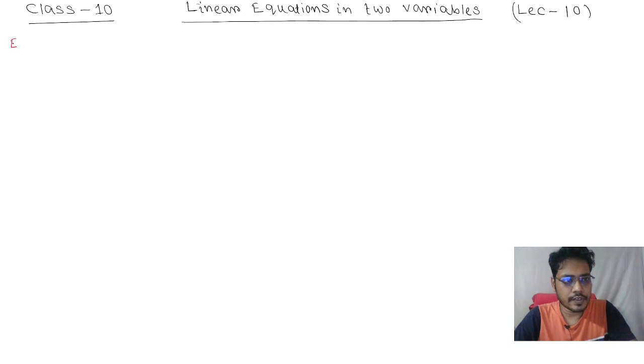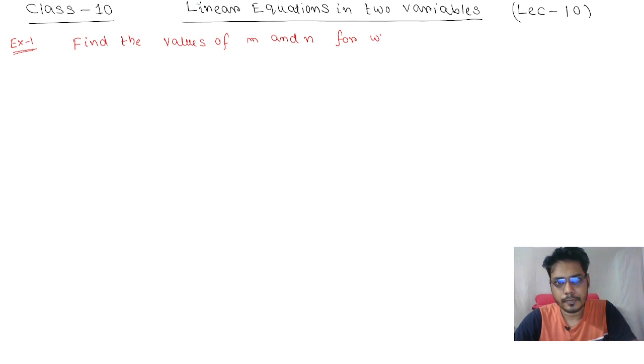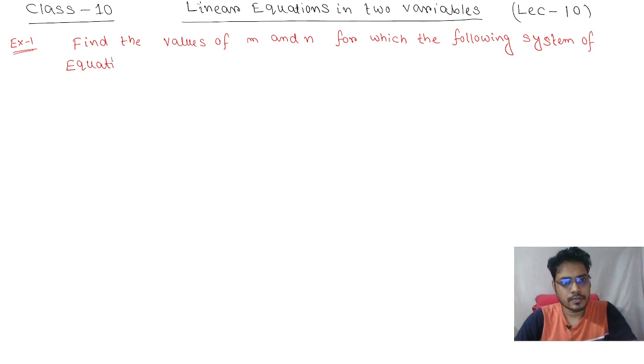So the first example, or first problem: find the values of m and n for which the following system of equations has infinitely many solutions.